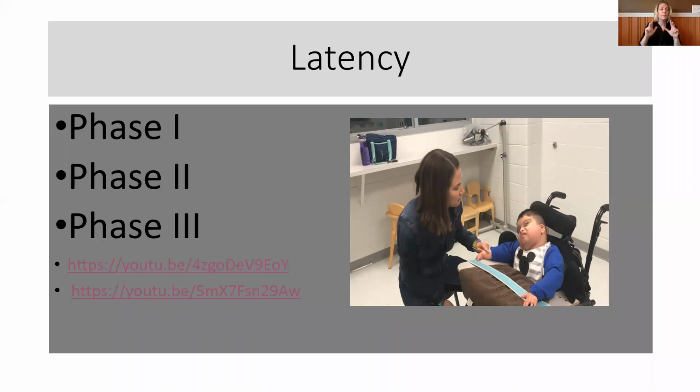If they've been sick, we're going to see them have increased visual latency. If they're trying to use their vision to learn a new concept in a complex environment, we're going to see increased visual latency. So all of those things come into play for latency, especially as we see our students in phase 3 CVI. We're going to see it be very variable there.